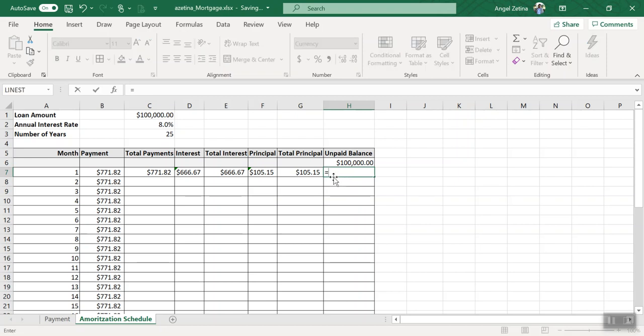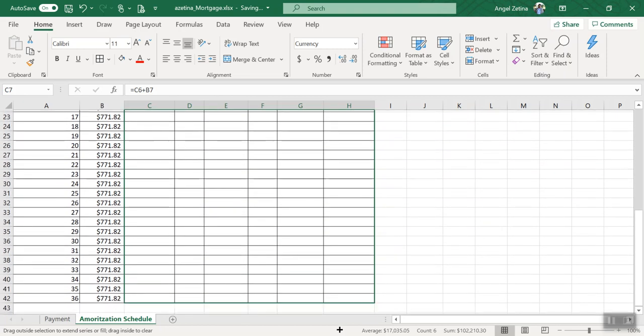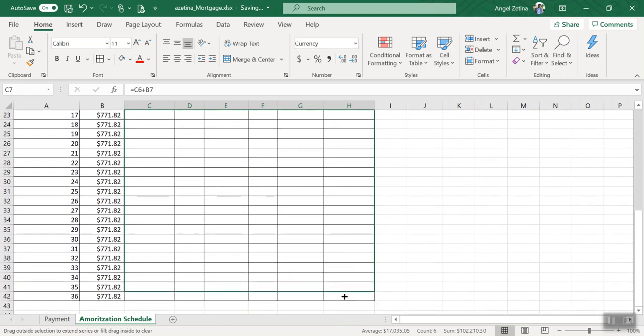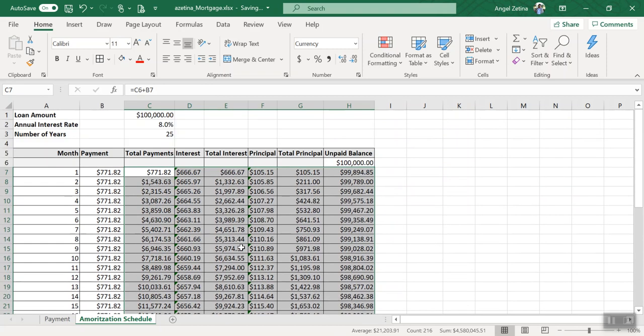So we're going to hit equals, and going to select H6 minus, and then select F7. This here. Now let's drag down everything. And that gives us the amortization schedule.